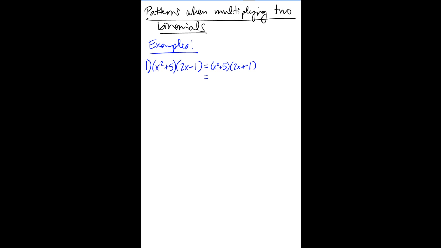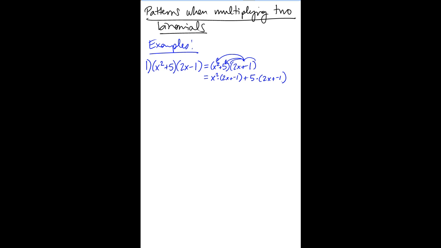So I'm going to take the x squared and multiply it times 2x plus negative 1. And then I'm going to take 5 and I'm going to multiply it times 2x plus negative 1. Notice you can use the distributive property in either direction. I'm going to do it this direction for now. X squared times 2x plus negative 1 plus 5 times 2x plus negative 1.